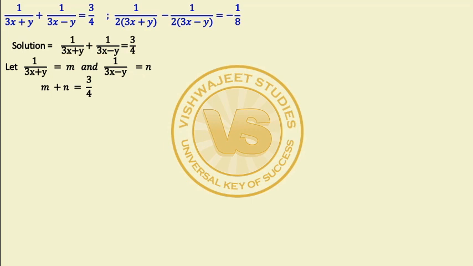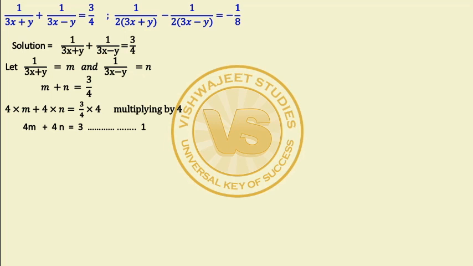So we get next step, multiplying by 4 to both sides as 4 into m plus 4 into n is equal to 3 upon 4 into 4. In the term 3 upon 4 into 4, the 4s cancel each other. So we get equation as 4m plus 4n is equal to 3. Give the equation number 1 to this equation.